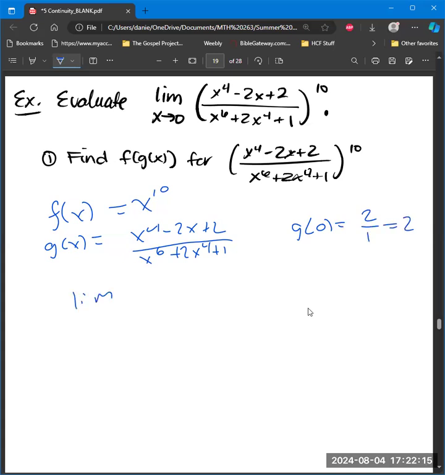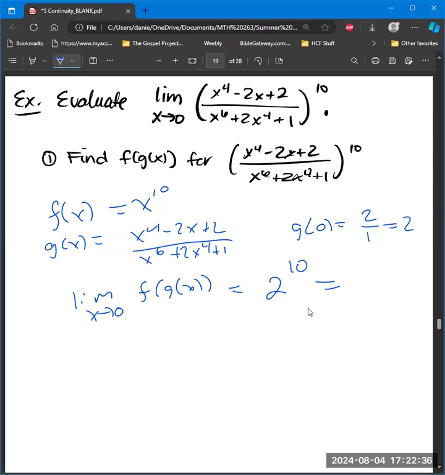So then the limit of f of g of x as x approaches 0 is going to be 2 to the 10th, which is a big number.